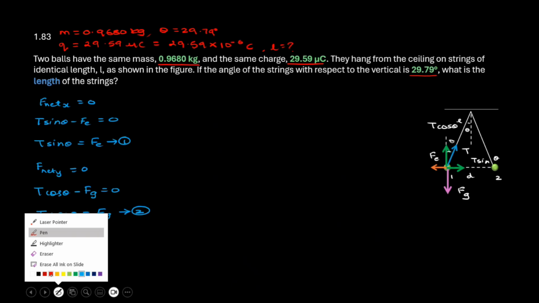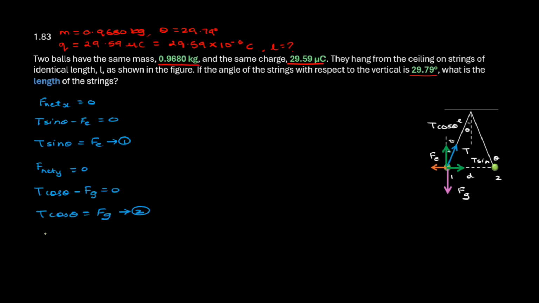Now I'm going to divide equation 1 and 2. So we do equation 1 divide by equation 2. Therefore, T sine theta over T cosine theta equals Fe over Fg. We can cancel off the common terms, and we also know that sine theta over cosine theta is tan theta. So we write tan theta equals Fe over Fg.